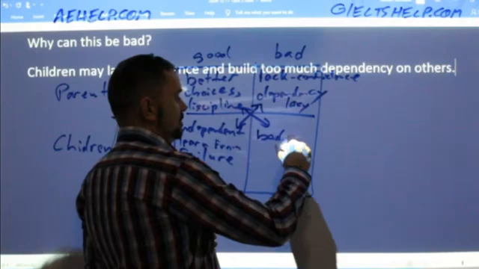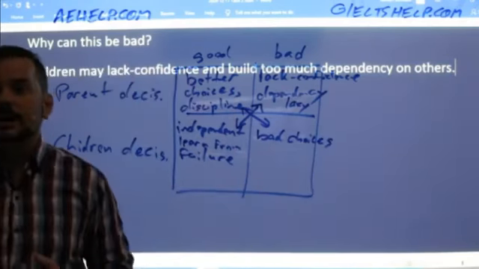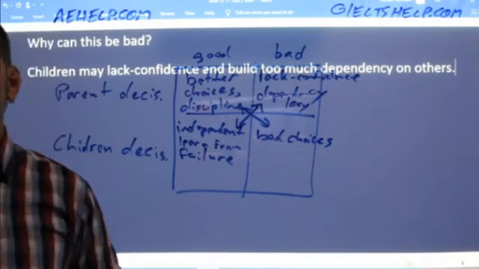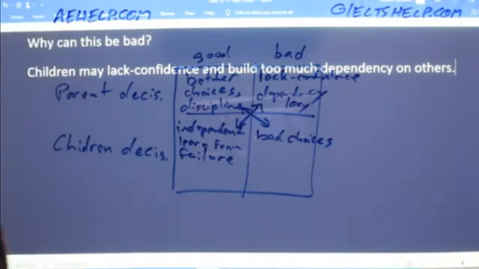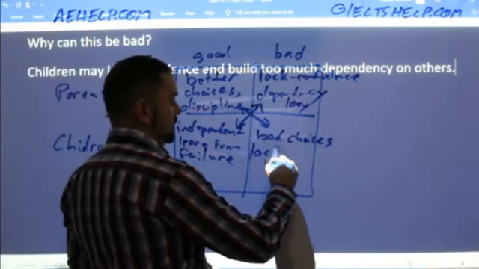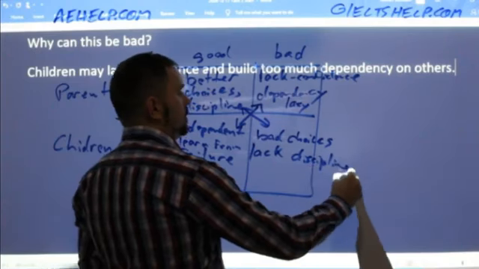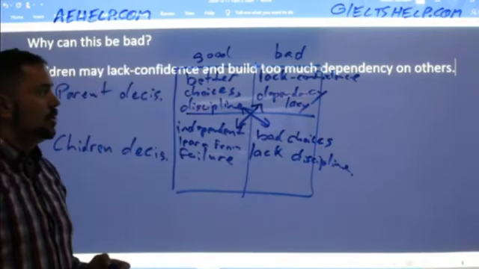If we allow them, they might make bad choices. For example, like eating too much sugar, right? Exactly. So Nick Hill says, choose the wrong path. Okay. All right. Or where they have discipline here, they might lack discipline, right? Okay. So those are also true.